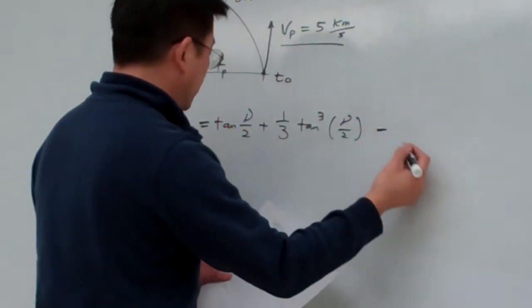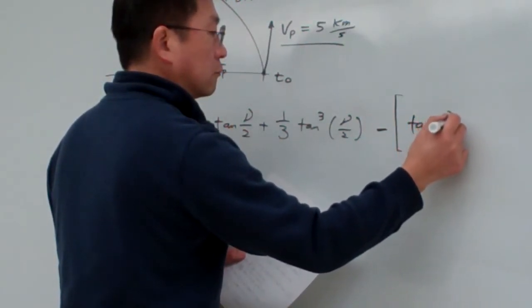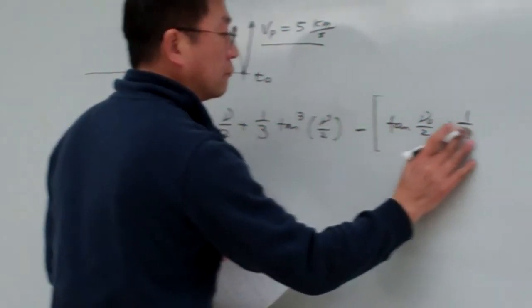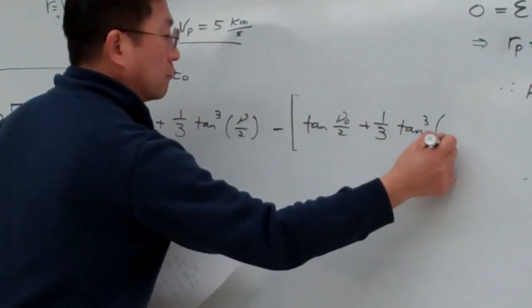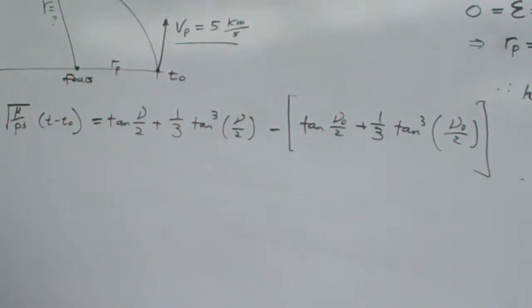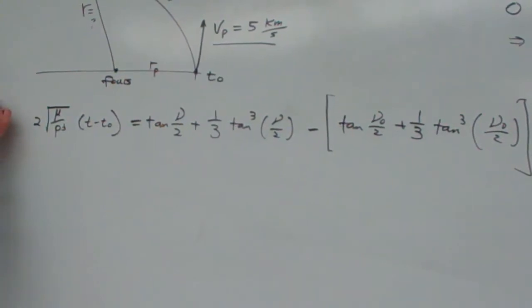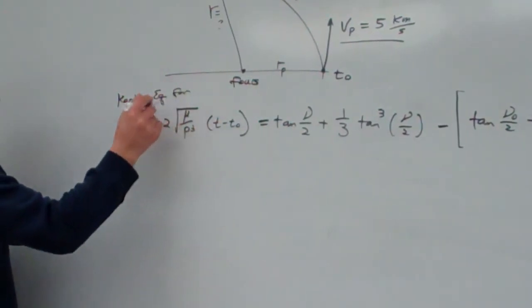Let me continue. Okay, so we see from this equation, these are Kepler's equations for parabolic orbits.